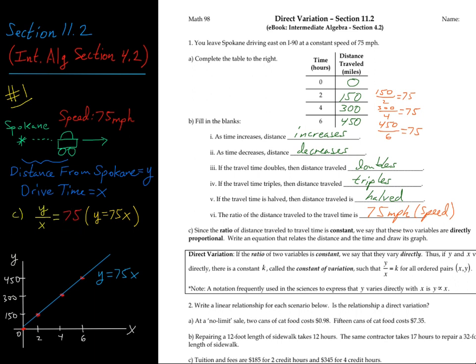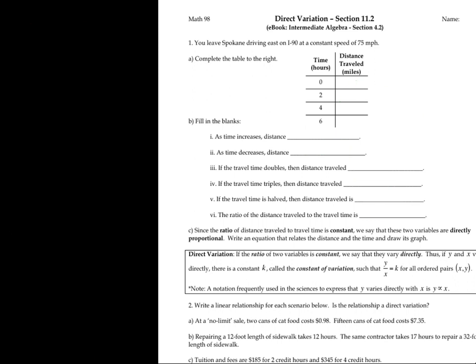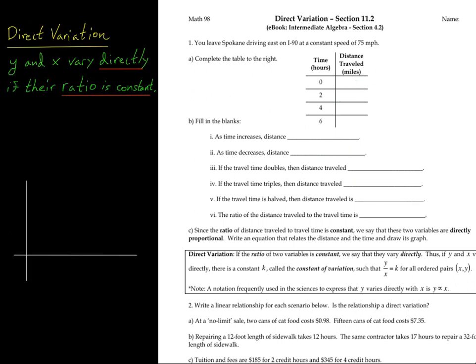So now let's look at what we're going to call direct variation more generally. We're going to say that two variables y and x vary directly if their ratio is constant, which is exactly what we saw in question number 1.